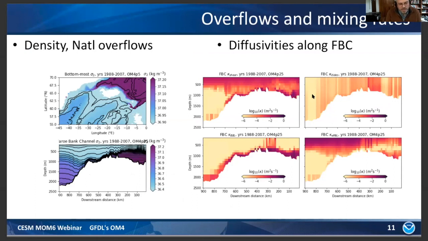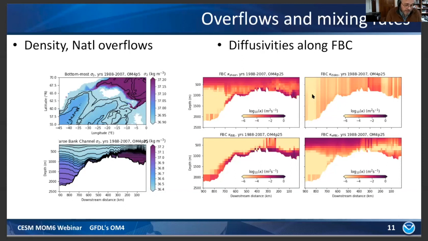And this was something that we basically overlooked when we had examined overflows and the bottom boundary mixing and the consequence of overflows early on in the process, and had developed them to actually get the right depth for Mediterranean overflow water in the Atlantic. But we lost track of these properties in subsequent changes, and ended up, we think, mixing away some of the Denmark overflow water with the explicit mixing.